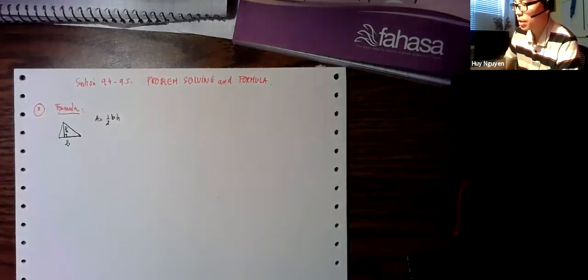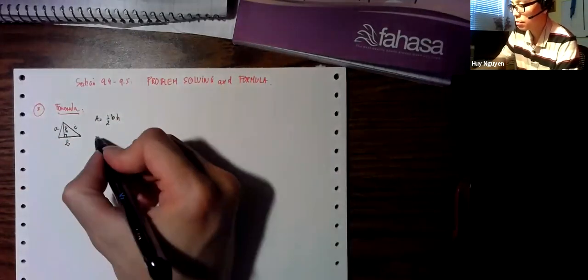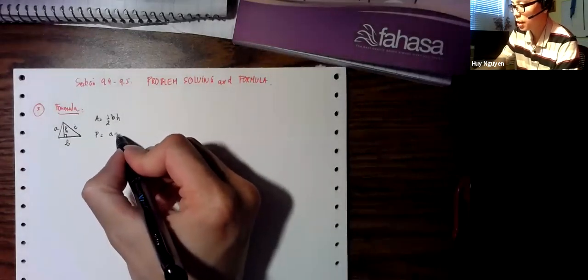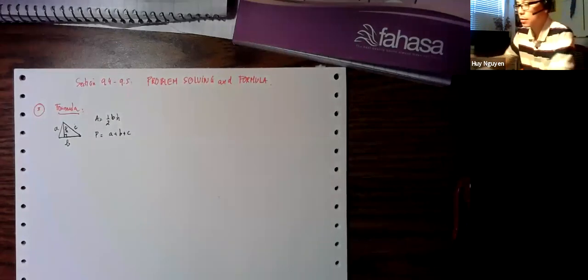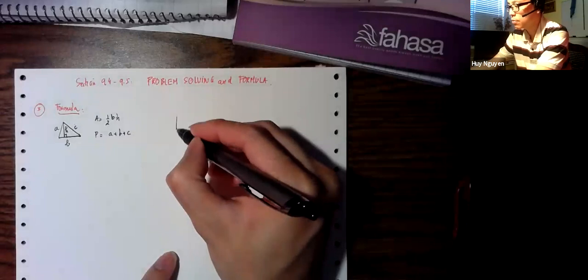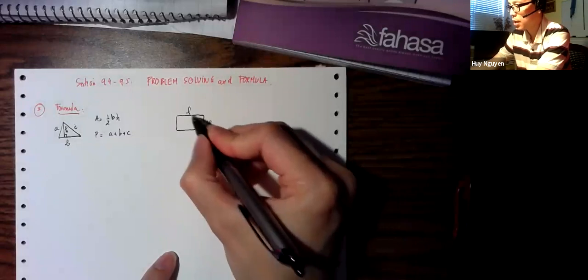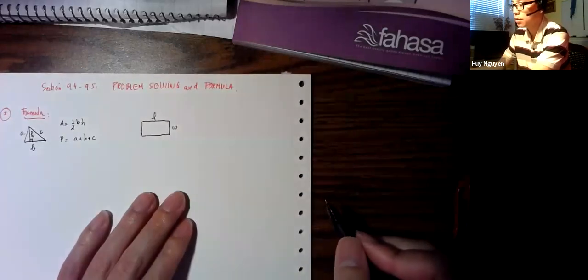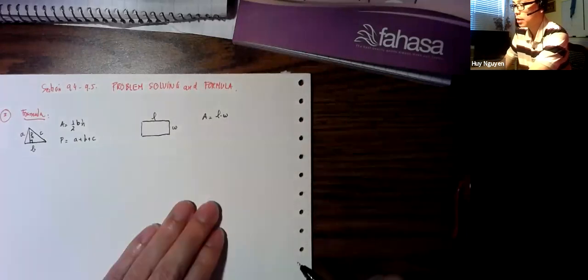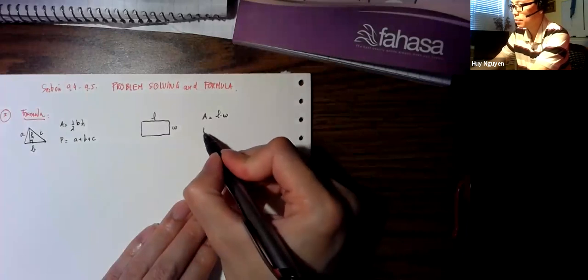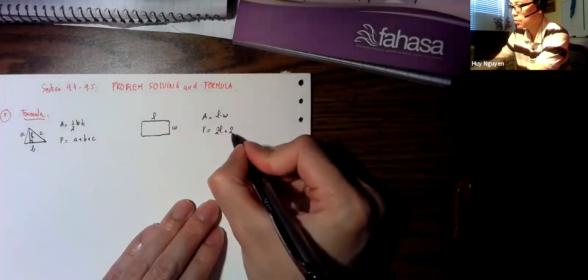The perimeter is easy; we just need to add the 3 sides together. If it is a rectangle, L represents length, W represents width. The area will be length times width. The perimeter will be adding all of them together, so 2L plus 2W.